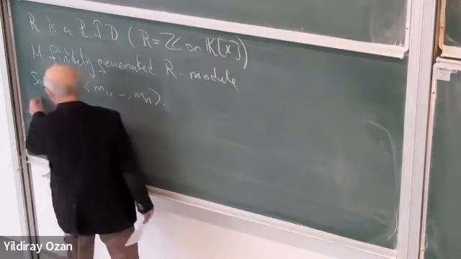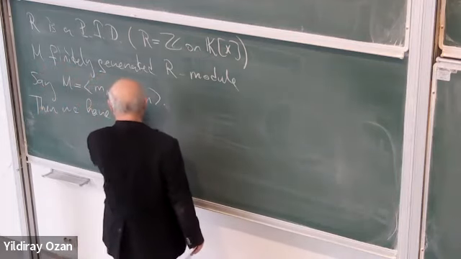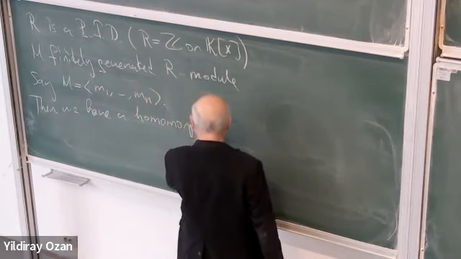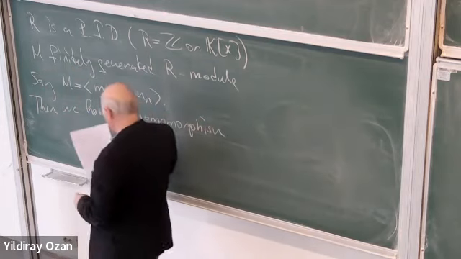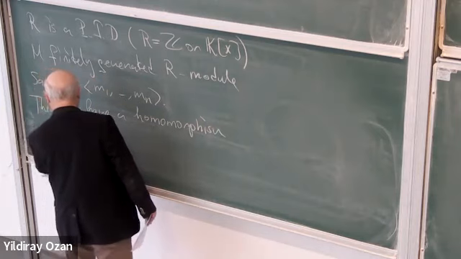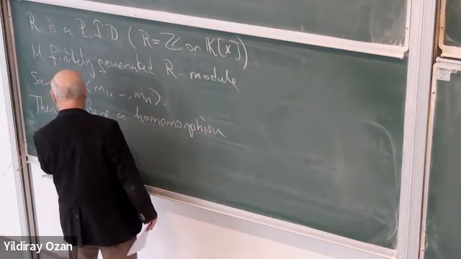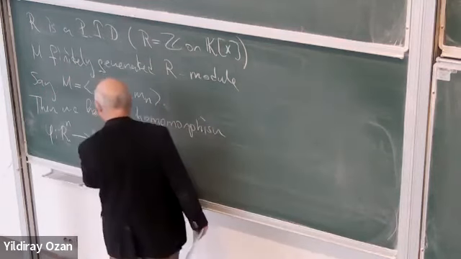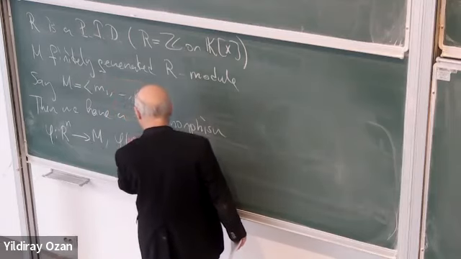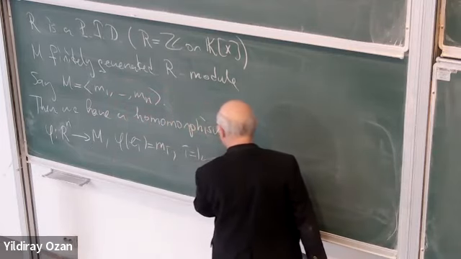Then we have the following, that we have a homomorphism from R to the power n into N defined as follows: e_i is sent to m_i, for i from 1 up to n.